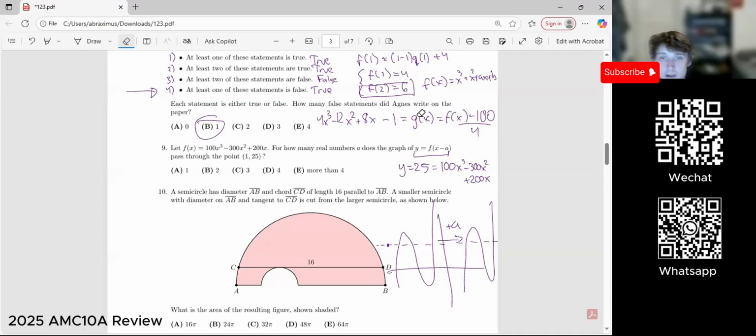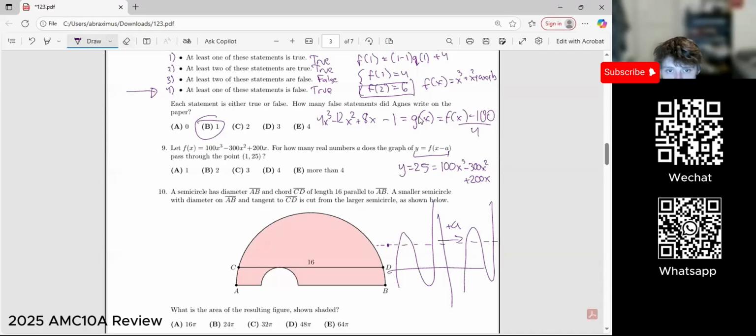Okay, so let's notice that g of 0 is less than 0. g of 1/2 is equal to 1/2 minus 3 plus 4 minus 1, which is greater than 0. g of 1 is equal to -1, which is again less than 0.